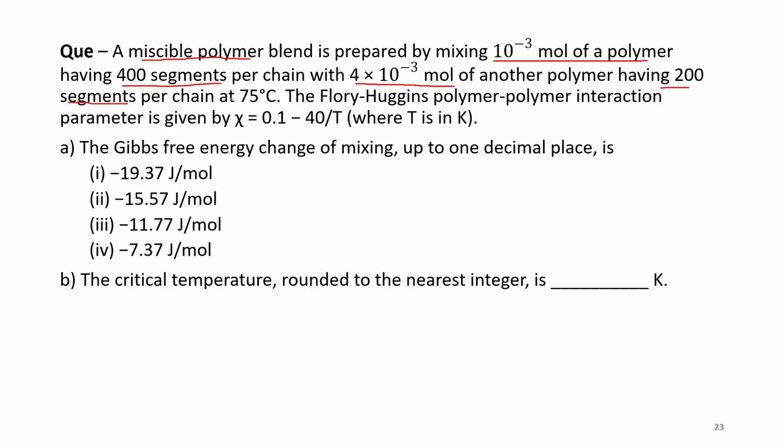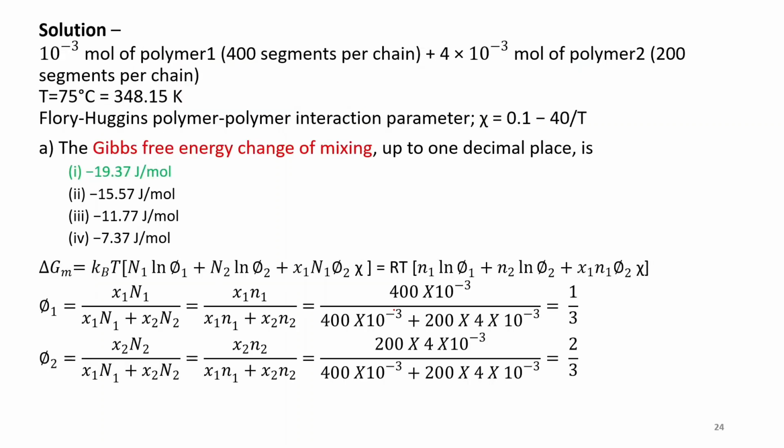Temperature is given as 75 degrees Celsius and the Flory-Huggins interaction parameter is given as 0.1 minus 40 divided by T. First we need to calculate the Gibbs free energy change of mixing, and second, the critical temperature. So let's calculate this question.